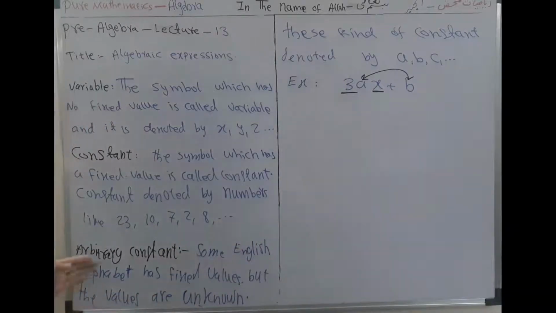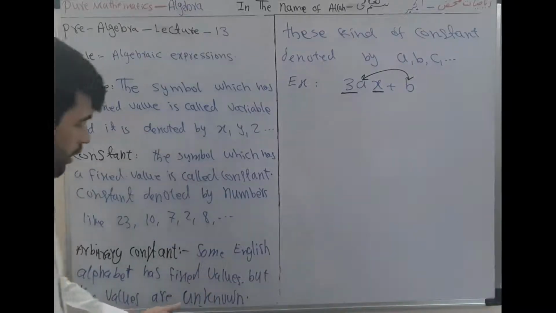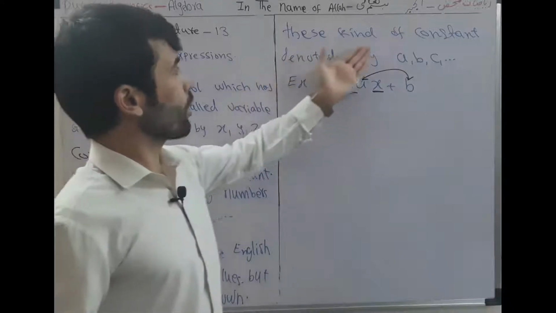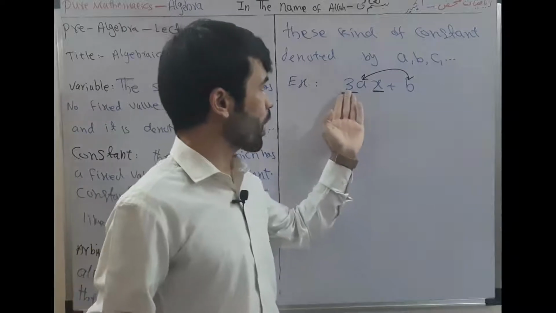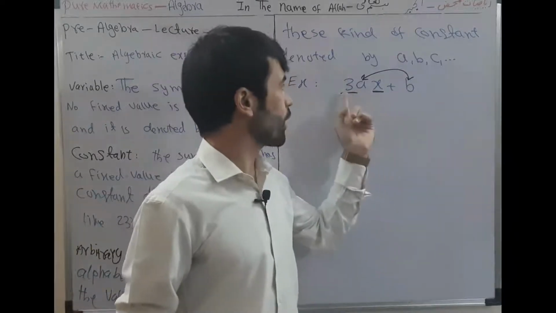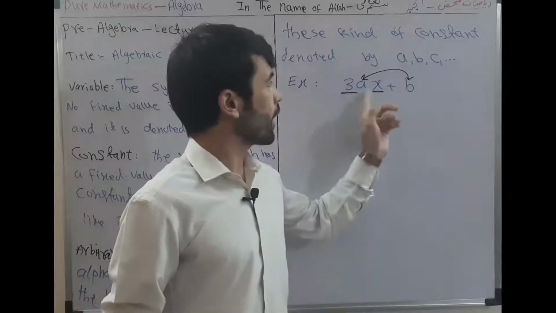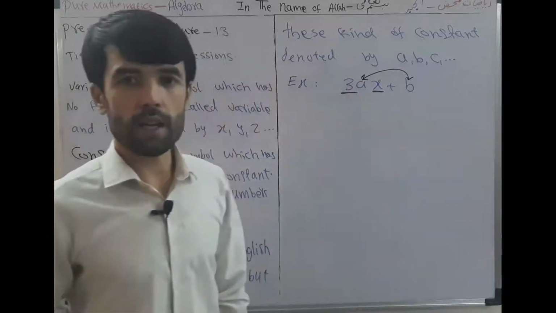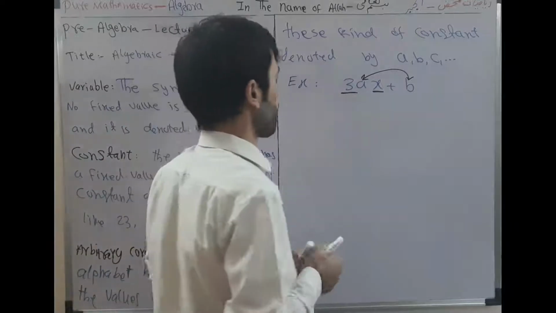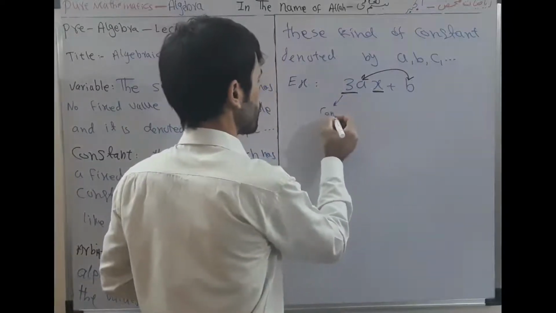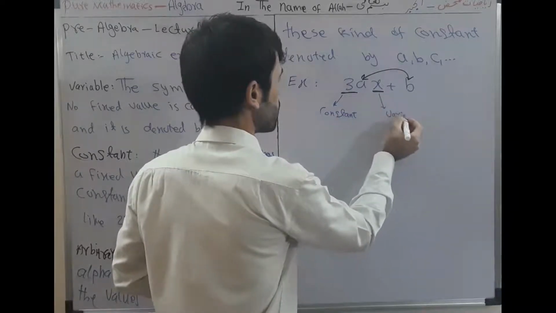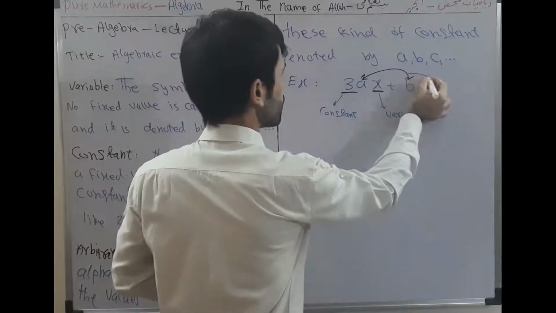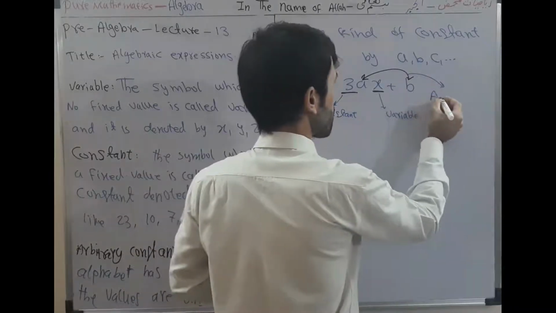An arbitrary constant is an English letter with a fixed but unknown value, denoted by a, b, c. In the example 3ax plus b, 3 is a constant, a and b are arbitrary constants, and x is a variable.